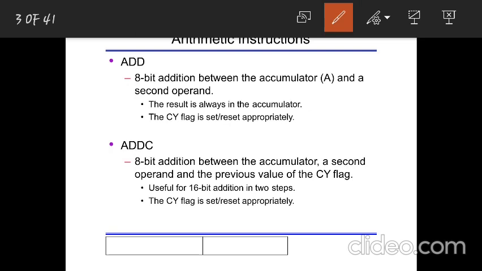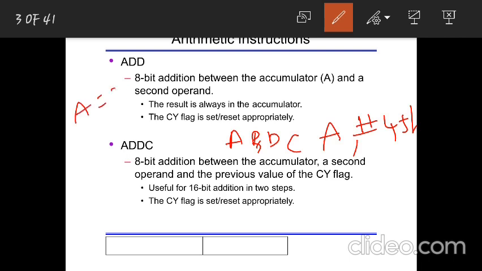We will take the instruction ADDC A, #45H. The content present in A, let it be 33H. I'll take A equal to 33H.